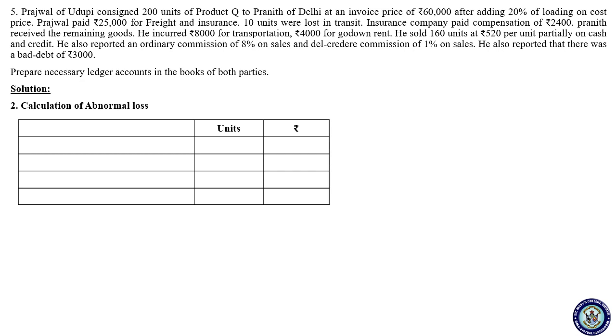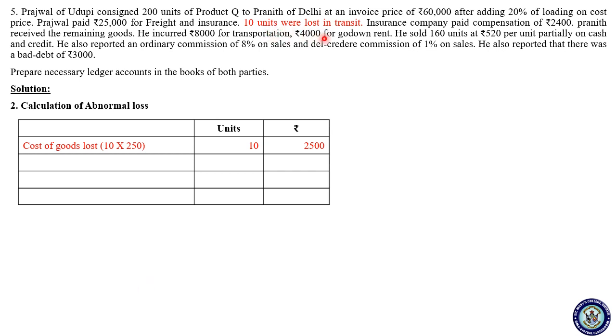First you have to take the cost price. When you are calculating the value of abnormal loss, it is valued at cost price. So cost of goods lost, 10 units.